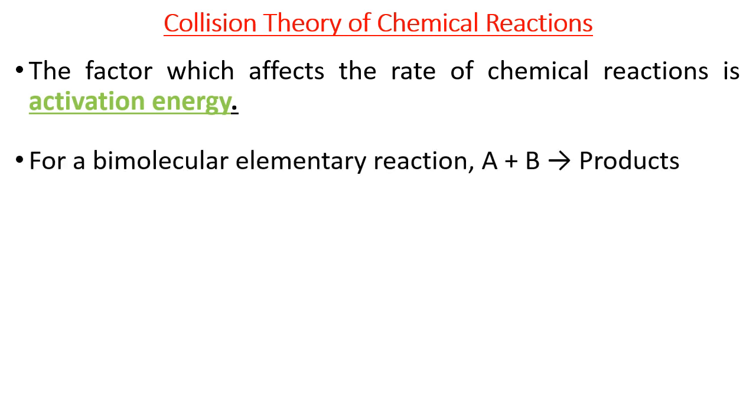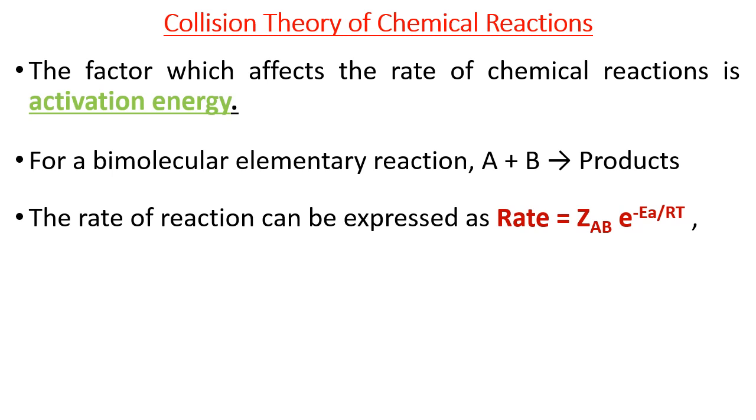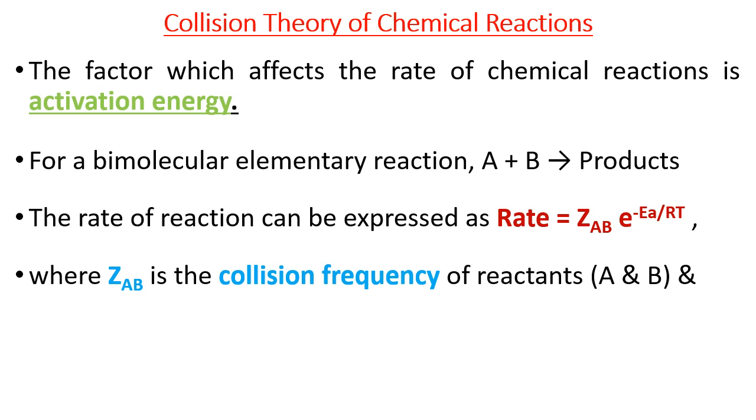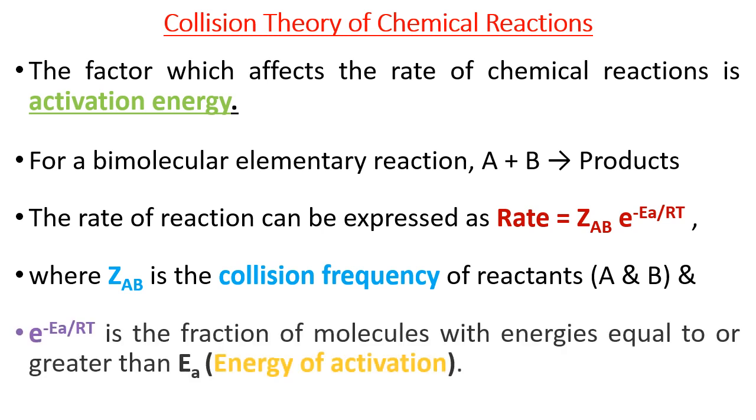For a bimolecular elementary reaction, that is, reactant A and reactant B gives products, the rate of reaction can be expressed as rate is equal to Z_AB into e to the power minus Ea divided by RT, where Z_AB is the collision frequency of reactants A and B, and e to the power minus Ea divided by RT is the fraction of the molecules with energies equal to or greater than Ea. Ea is energy of activation.